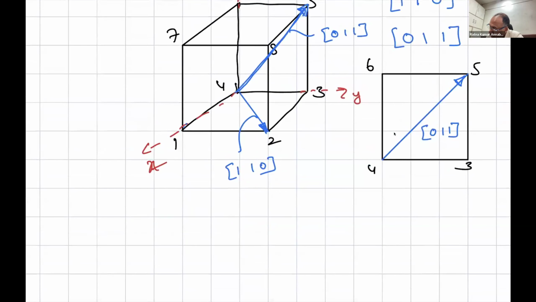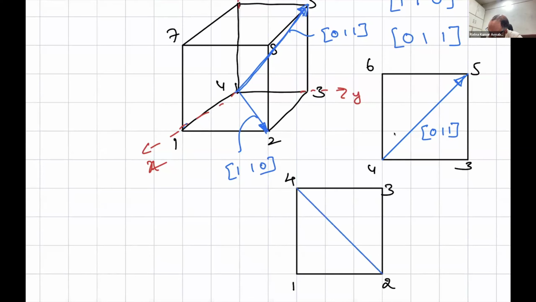And 1, 2, 3, 4 again, if I am looking from top view, that is my 1, 1, 0.